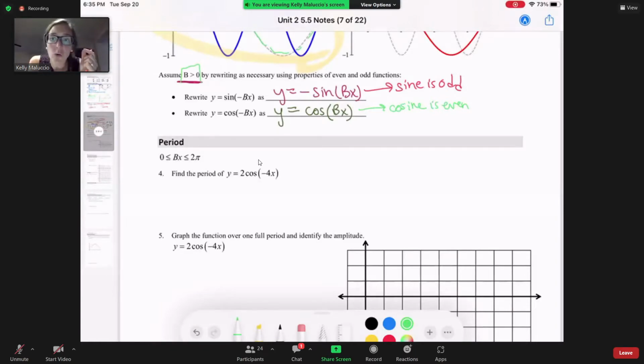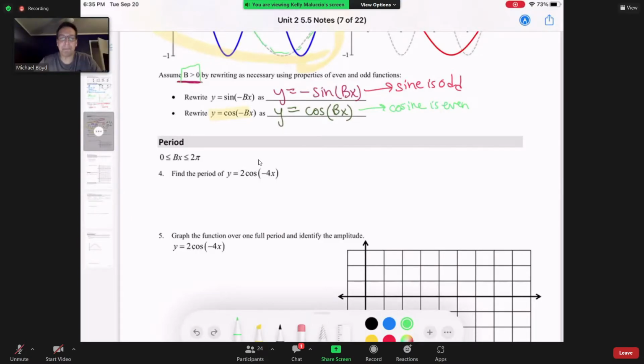They're just showing you that if there's a negative number there, you could rewrite it as this. Or if it's cosine, you could just rewrite it and ignore the negative, which is pretty nice. So that's what we're going to look at here. We're going to use that to rewrite it. It's really just for rewriting so that then we can focus on just sine of something or cosine of something that's positive.